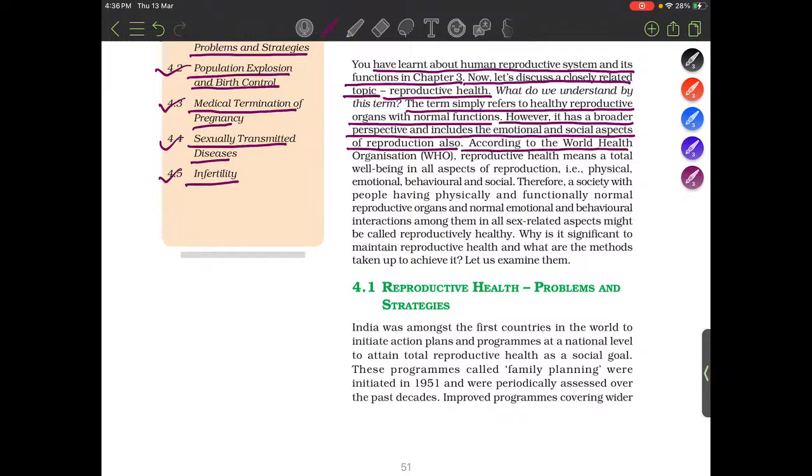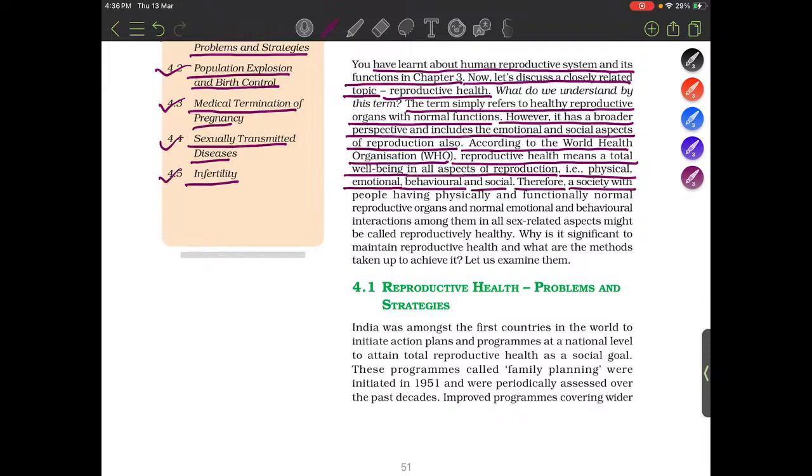According to the World Health Organization (WHO), reproductive health means total well-being in all aspects of reproduction, that is physical, emotional, behavioral and social.